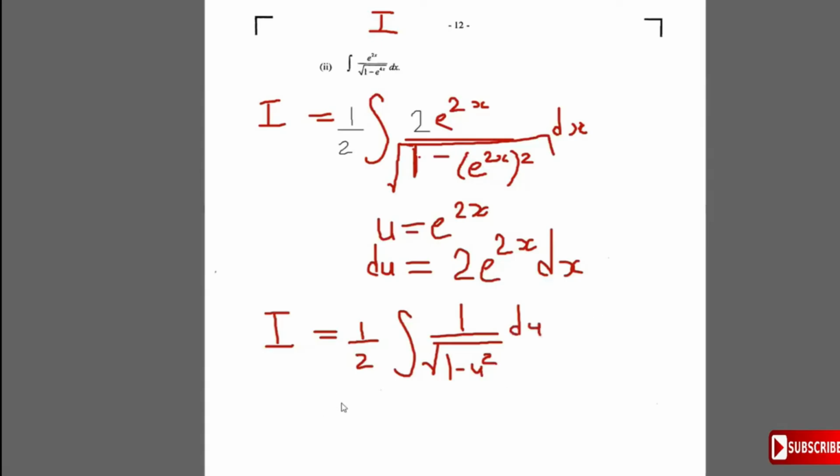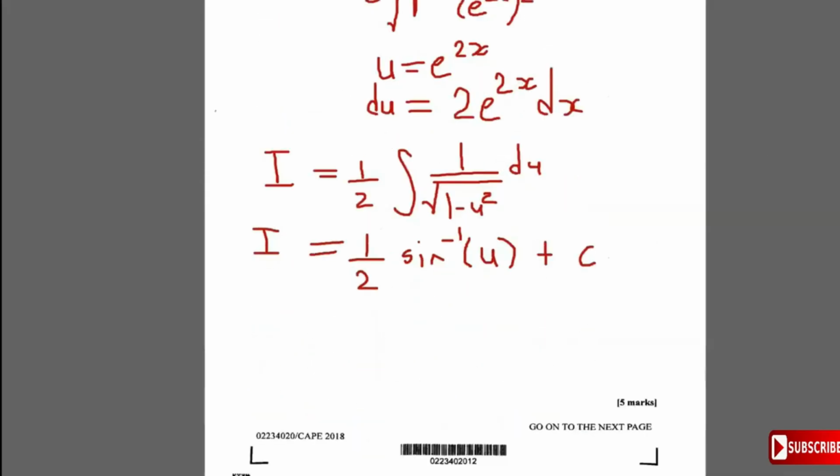Now when you're integrating 1 over the square root of 1 minus u squared, that's just sine inverse. So I is now just a half sine inverse of u plus some constant c. That's how we attempt this question. But we can't stop right here. Never stop right here. Remember I said u is e to the 2x, and so you have to go further.